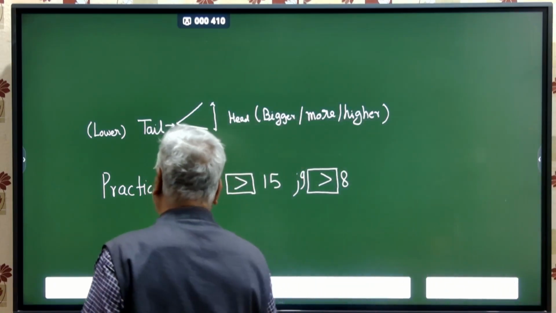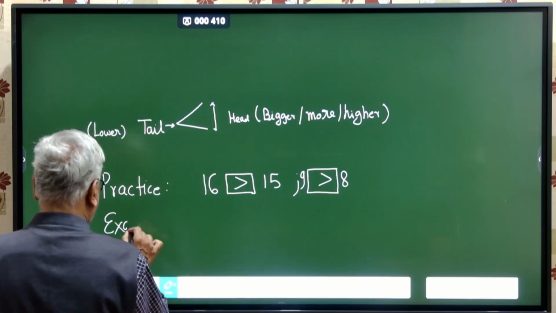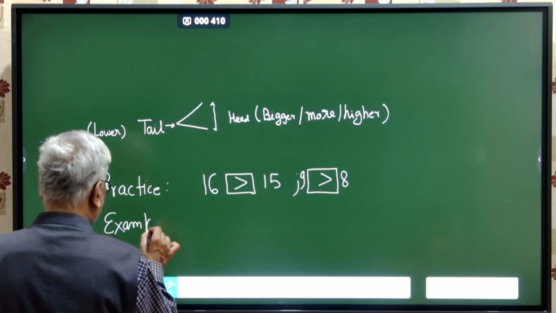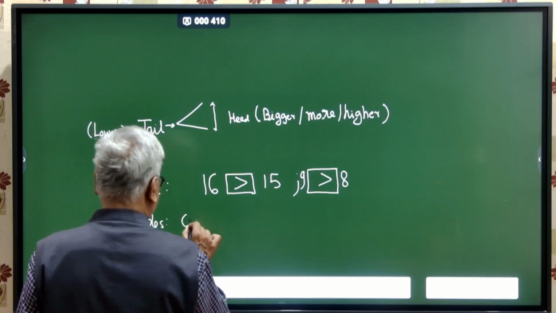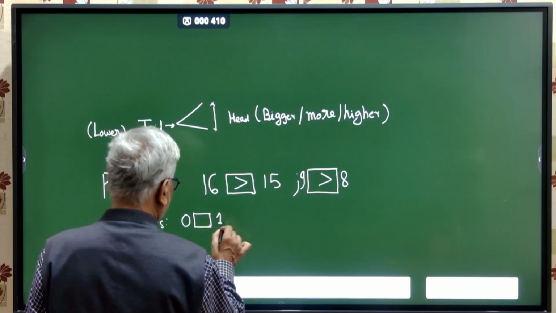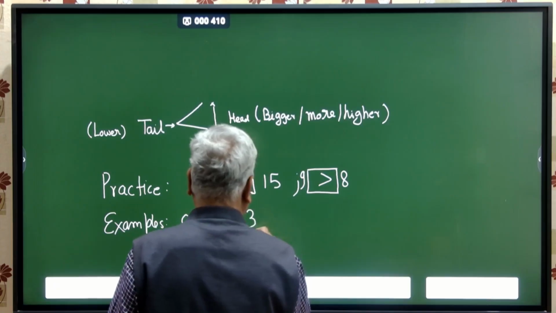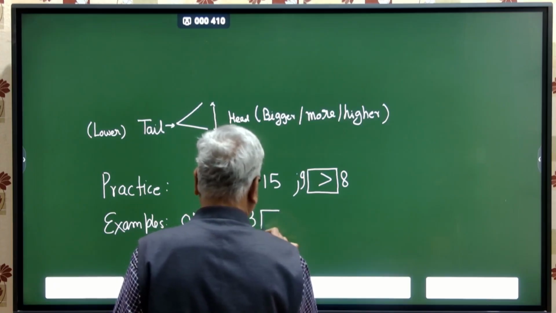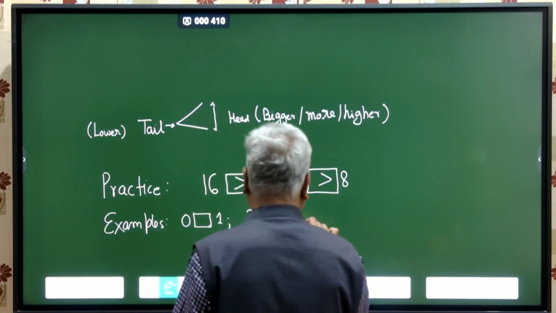I am just giving the example. Write 0 here, square, then put 1. Put at random, then put 3 here, then 2 here. Ask the students to repeat this thing.